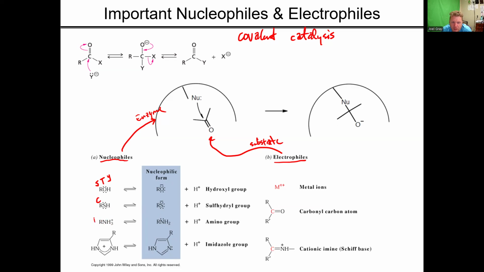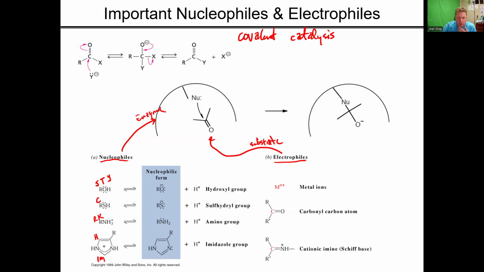RNH3, well, that's going to be an arginine, a lysine. And then this last group down here, this ring, is our imidazole ring. This is histidine. So STYCRKH, those amino acids are most likely to participate in covalent catalysis, and they are most likely going to be serving as nucleophiles.